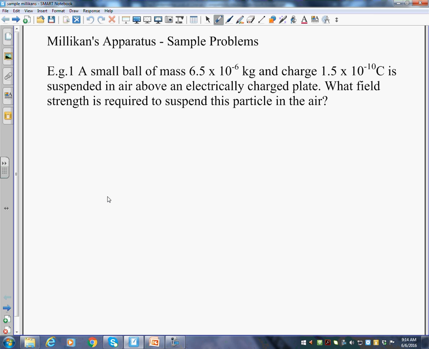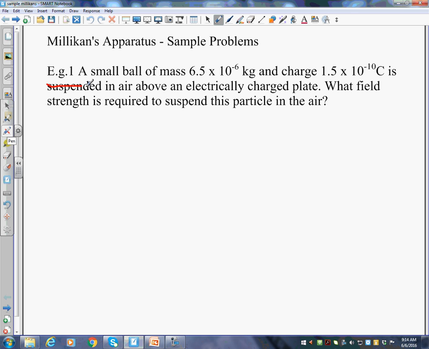Okay. So I want to caution you, some of you that still haven't realized, when I do sample questions, you're going to do problems just like this a little bit later. So here's 3 in increasing order of difficulty. Again, really crazy, weird numbers. A small ball of mass 6.5 times 10 to the minus 6 kilograms and charge of 1.5 times 10 to the minus 10 coulombs is suspended in air above an electrically charged plate.